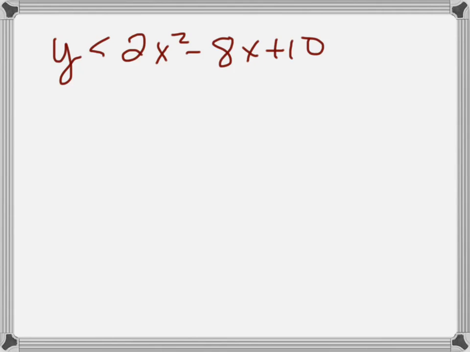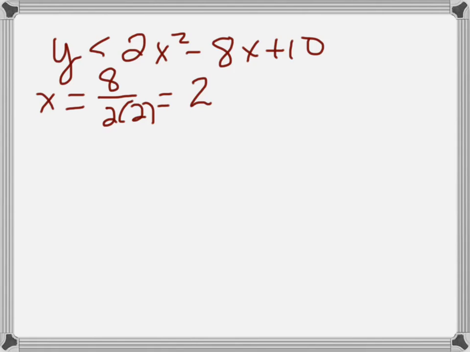Next, we're going to do an inequality that will require us using standard form. y is less than 2x squared minus 8x plus 10. We use x equals negative b divided by 2a.